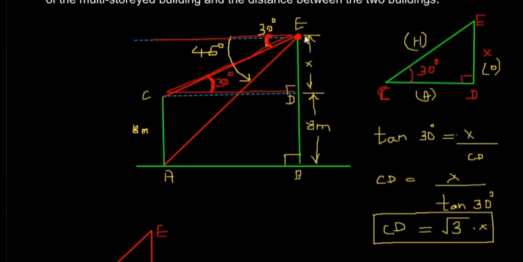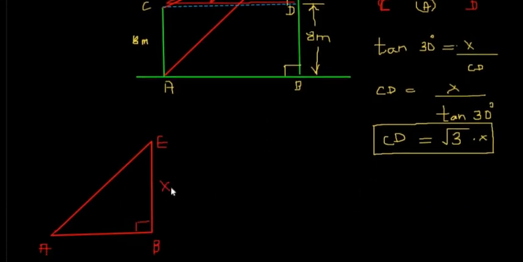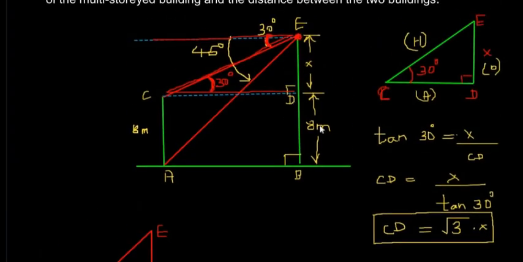Now B to E is nothing but 8 meters plus X meters. So this total length is going to be X plus 8 meters. So you have to add the smaller sides to get the longer side. Now I'm going to mark the angle over here as 45 degrees.